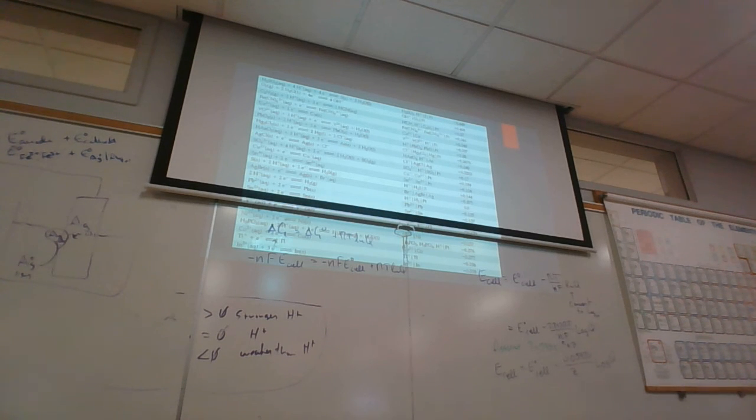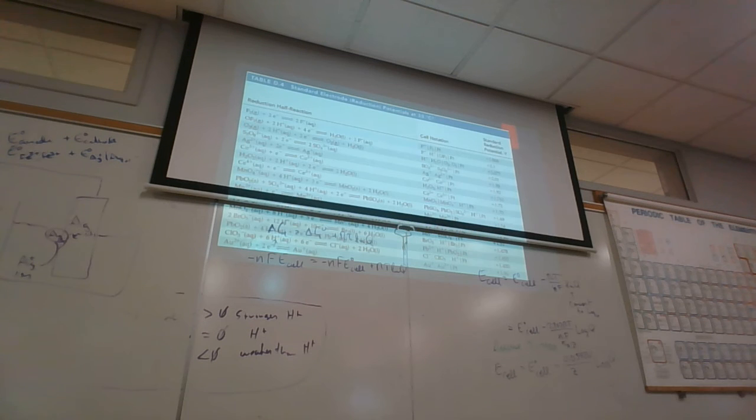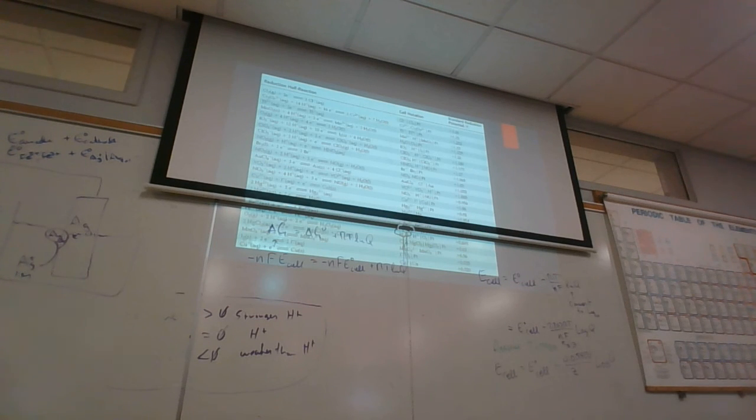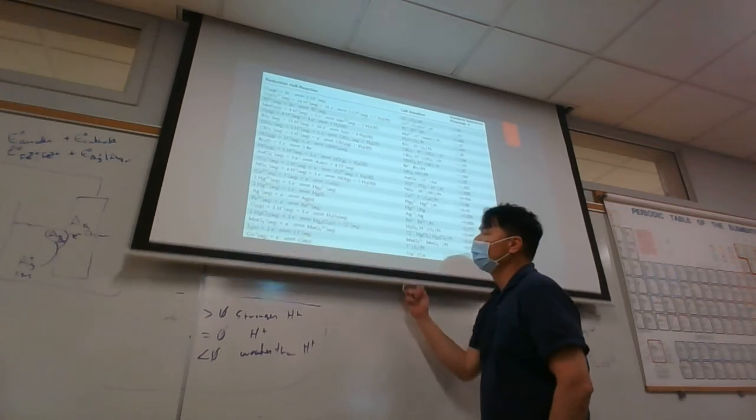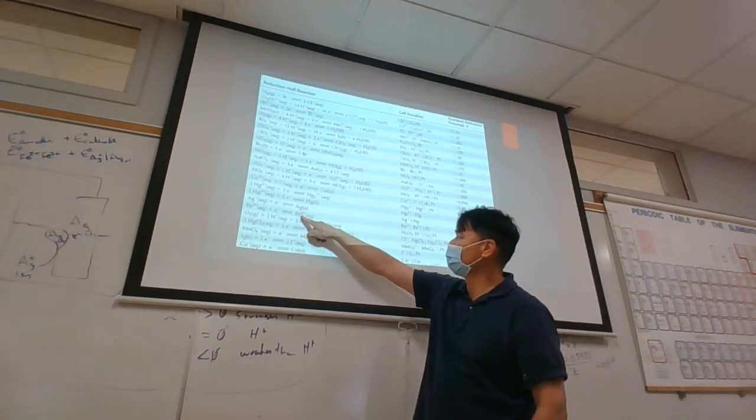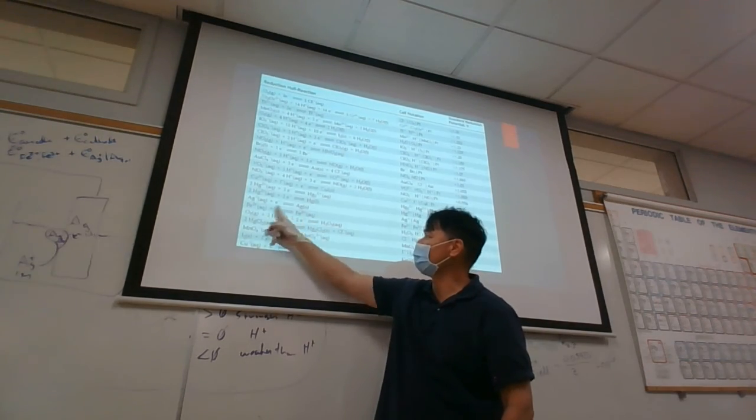So iron 2 and iron 3, I'm going to find those. The first one I look for is iron 2 goes to iron 3, so that's backwards here.